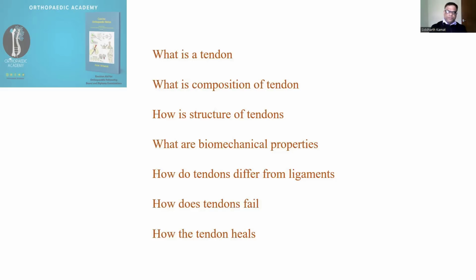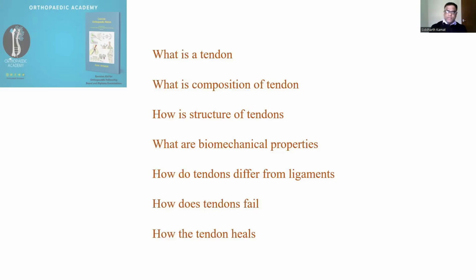What is the structure? Various fascicles of tendon are embedded in endotenon, and all these fascicles are lined by epitenon. Tendon arises from the musculotendinous extension and it inserts into the bone. It inserts two ways. One is by fibers called Sharpey's fibers, like in the deltoid or adductor tendons of the thigh.